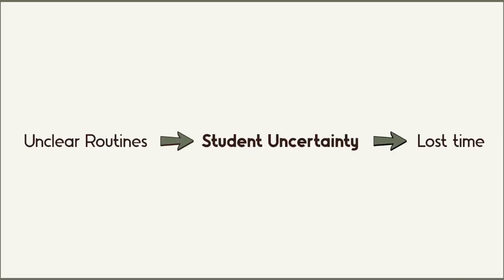Many teachers think of classroom management mainly in terms of behavior. But very often, the real challenge is simply that students do not yet understand the rhythm of the classroom. When routines are clear, your students are going to begin to anticipate what comes next. So you'll find that they gather their materials more quickly.